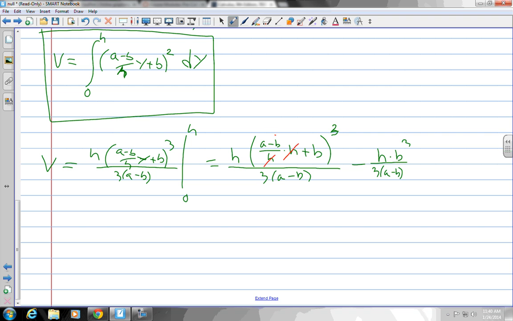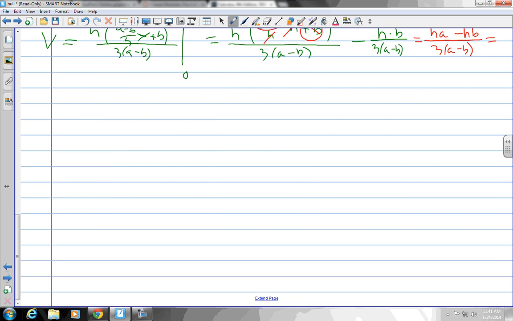So then you end up with a minus b plus b, so minus b plus b cancel. So we're ending up with h a cubed minus h b cubed over 3 times a minus b. I can do some more creative factoring, right? Take h out, use the difference of cubes formula.